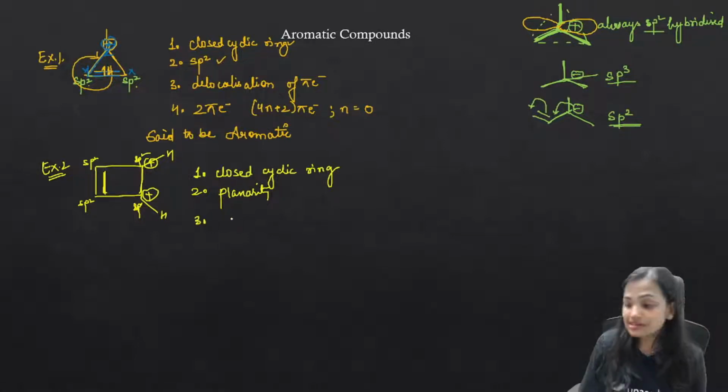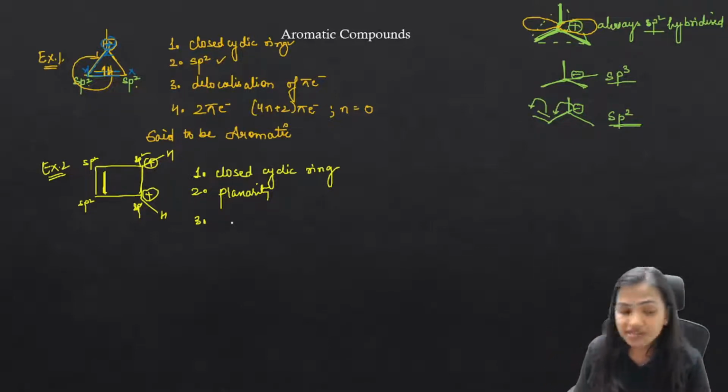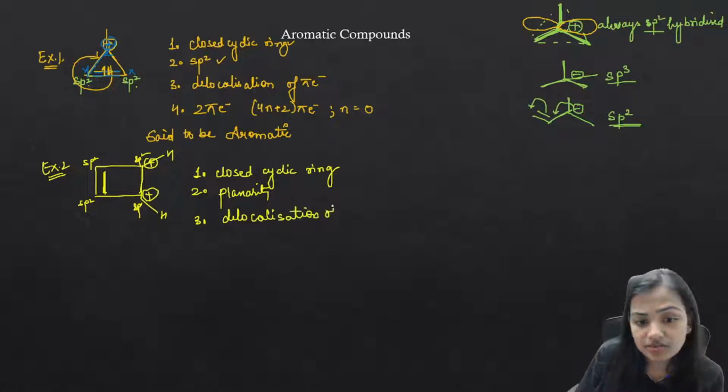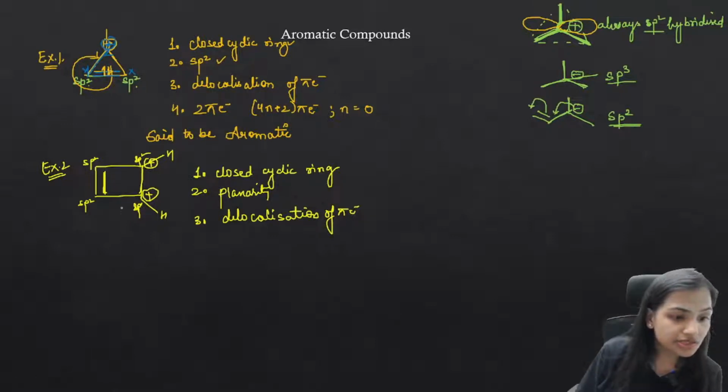Point number 3 is delocalization. Tell me, Pralay, Vishnu, all of you, will there be delocalization or not? Delocalization of pi electrons. Do we have a conjugated system or not? See, let me use another pen to show it.